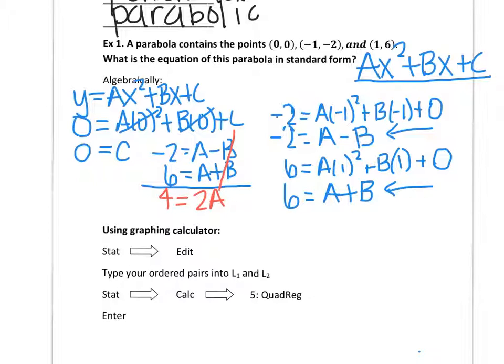What is a going to equal? We'll divide out the 2. a equals 2. So I have my a value and I now have my c value. So what I'm going to do is use back substitution and plug in my 2 for my a into the 6 equals a plus b, and I'm going to figure out what my b value is.